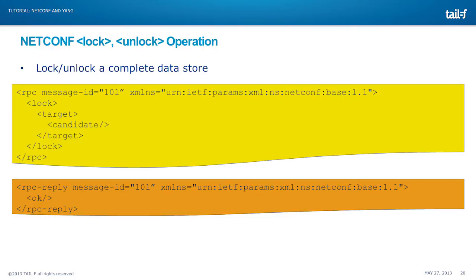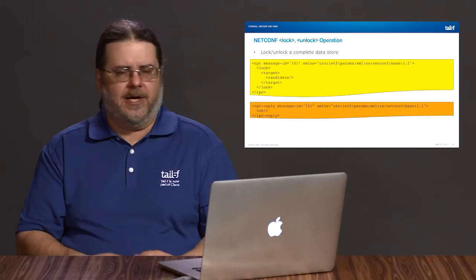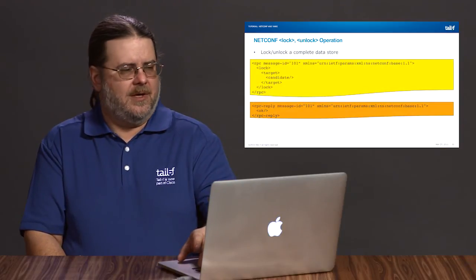This is just to ensure consistency of the configuration of the device so that someone else may not be changing configuration in the middle of your sets of configuration. It's just a way to ensure additional robustness. So lock typically only has the target attribute of which data store to lock, and you'll receive the reply of OK if it succeeds.